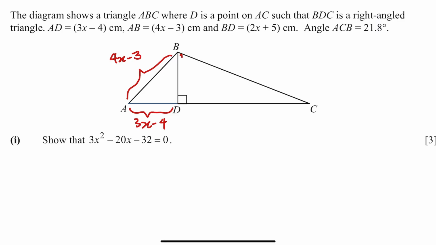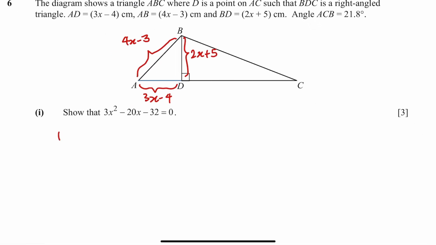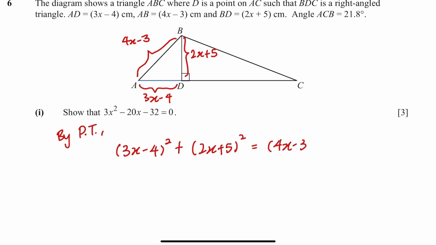Then BD here is 2x plus 5. So very simply, I know that by Pythagoras theorem, the sum of the squares of the two shorter sides is equal to the square of the longer side, 4x minus 3 squared.